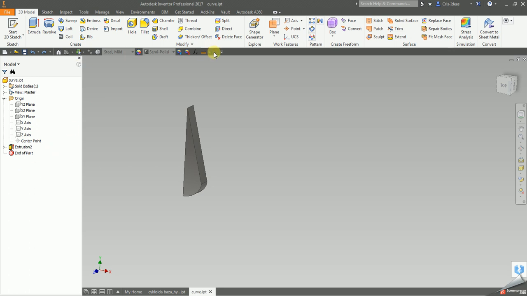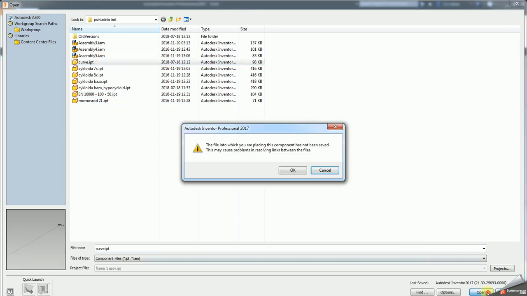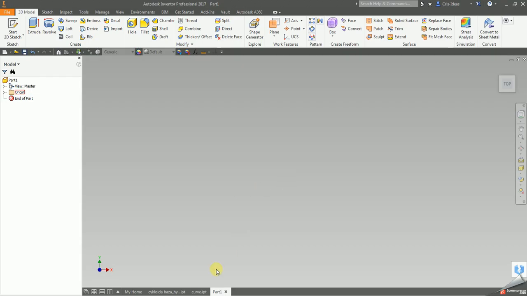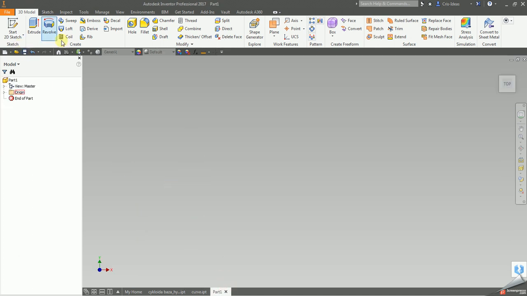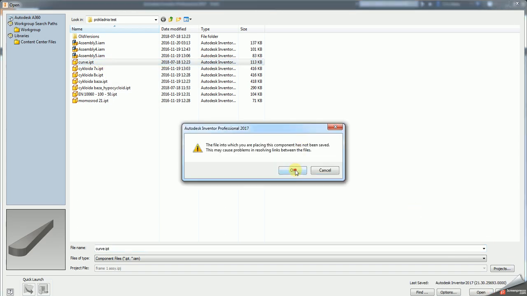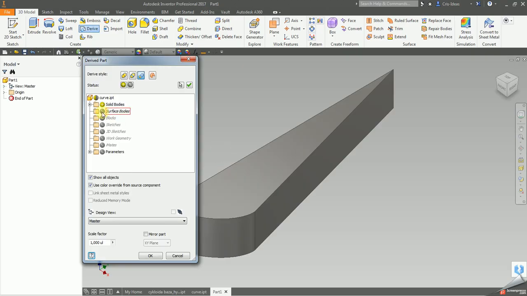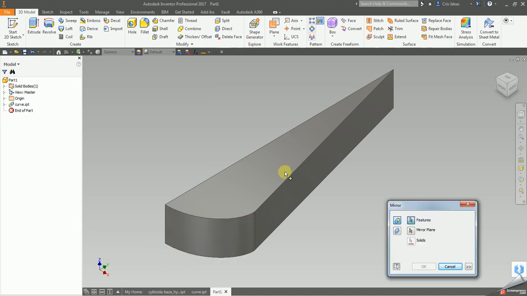We can try this. So let's create another part. Now derive. I believe this was that. Which is curve IPT, select that. Solids, okay, and now we can try to do that.